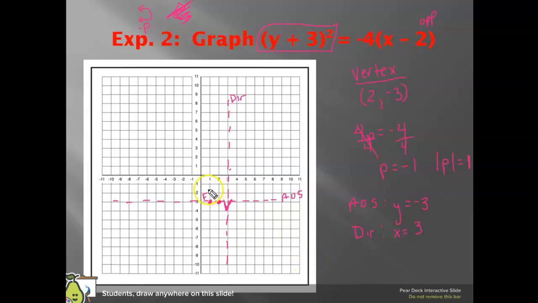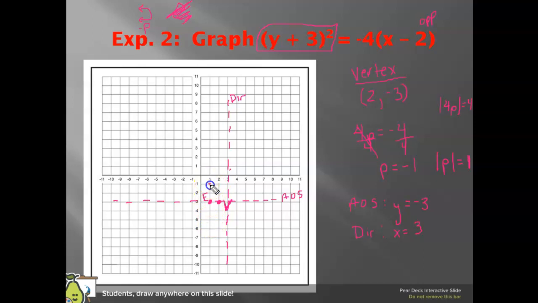Now all I'm missing is the focal chord so that I can get the other 2 points and draw my parabola. Since the absolute value of 4p is equal to 4, because again, we're just interested in the quantity, not the direction, I need to put a chord that is 4 long on the focus.